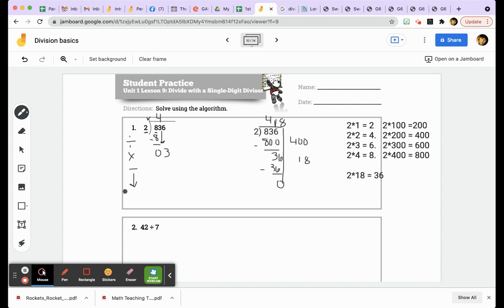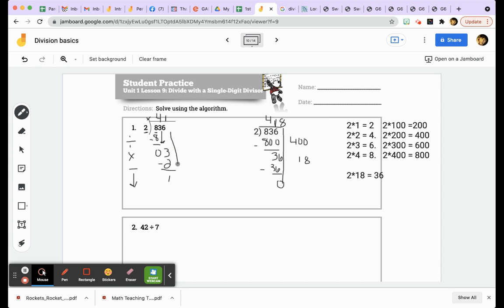Once I finish those steps, I go back to the first step again. And I divide. 2 will go into 3 1 time. 1 times 2, multiplying back, is 2. After I multiply back, I subtract. 3 subtract 2 is 1.